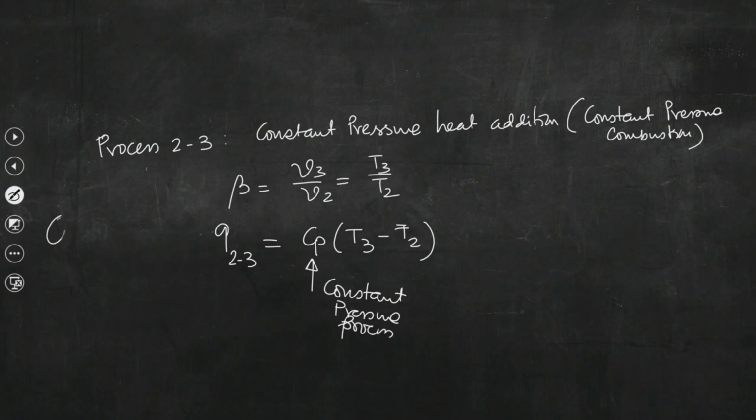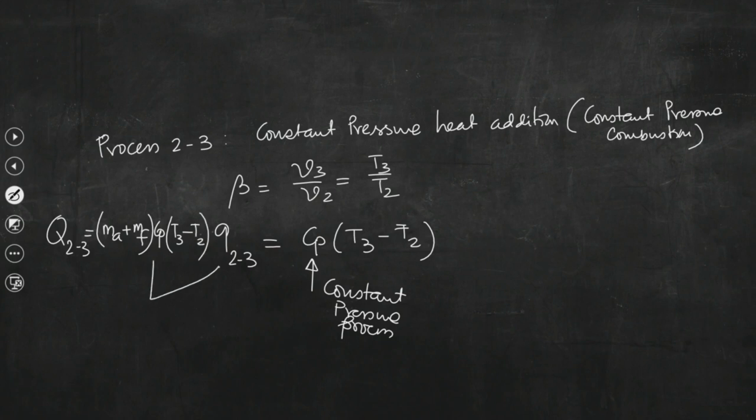So, I can write Q23 equal to mass of air plus mass of fuel into Cp into T3 minus T2, equal to the change in enthalpy, H3 minus H2.